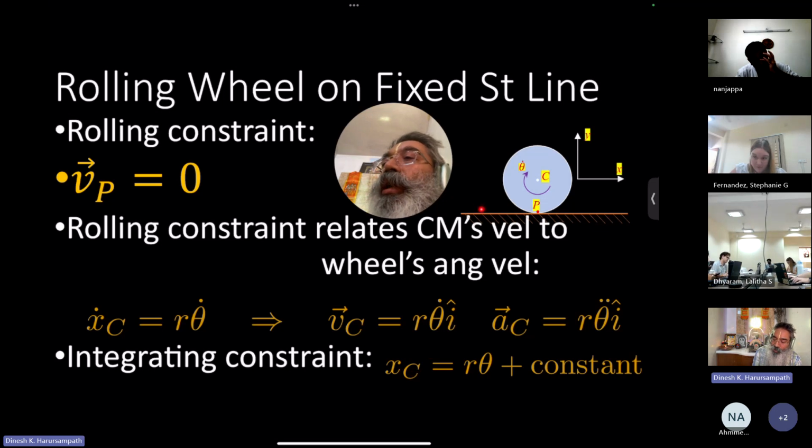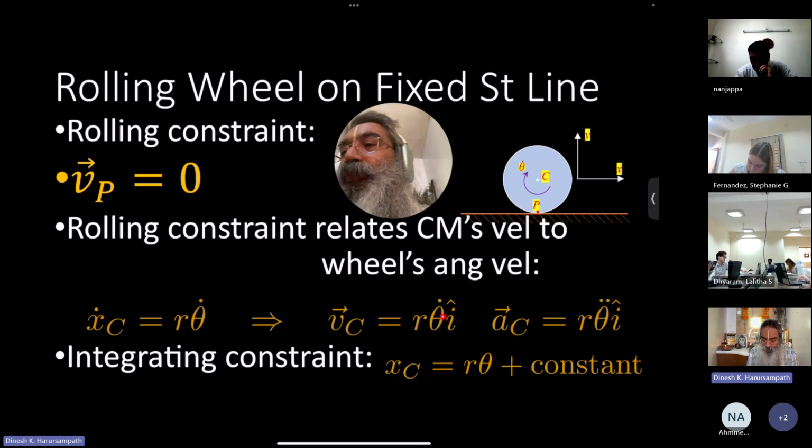So it's essentially fixing some point as a starting point for this rolling to take place. It really doesn't matter from the problem perspective because what we are interested in is only xc dot and then xc double dot, in which case the constant's derivatives with respect to time will vanish. Only this will remain, which is what you see over here and here too.